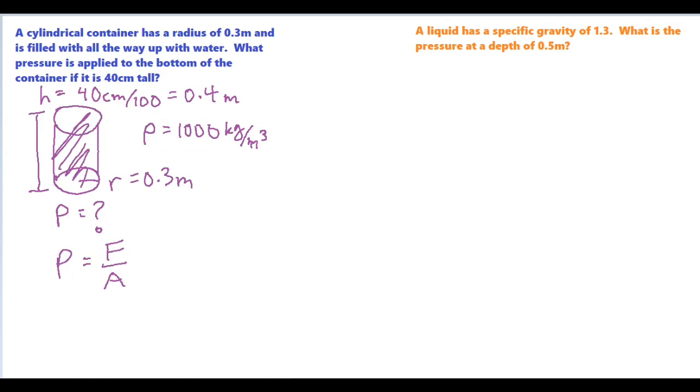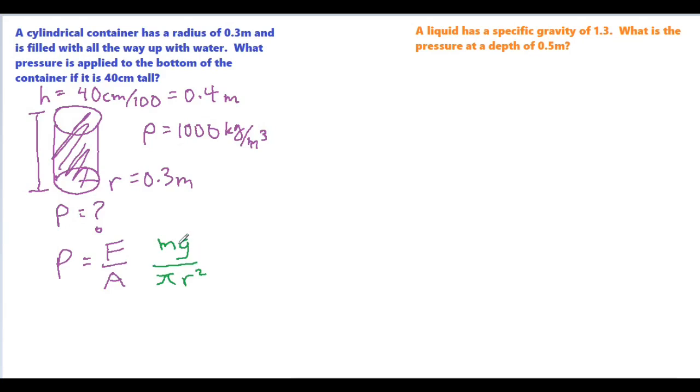Now, if we're looking for the force applied by the fluid, we know that force is equal to the weight of the fluid pushing down on the bottom of the container. And then we have the area of the bottom of our cylinder, which is basically the area of a circle, which is pi r squared. Now from there, we probably need to make some more substitutions.